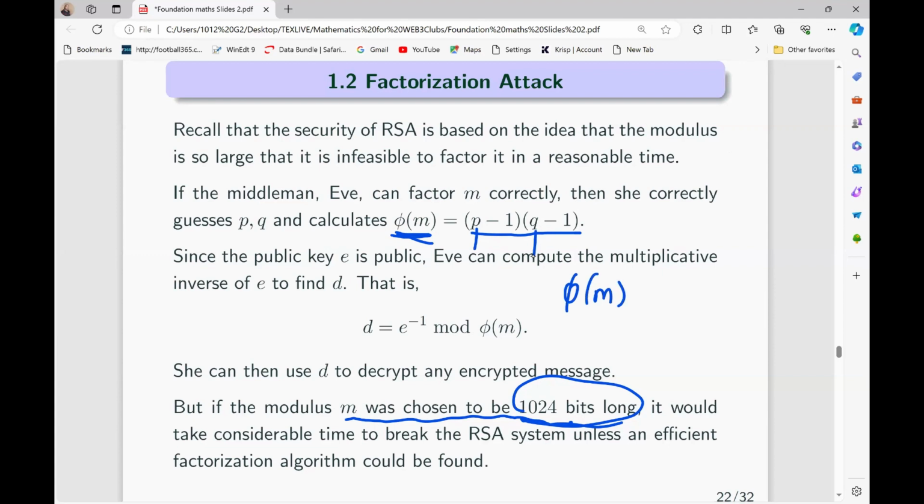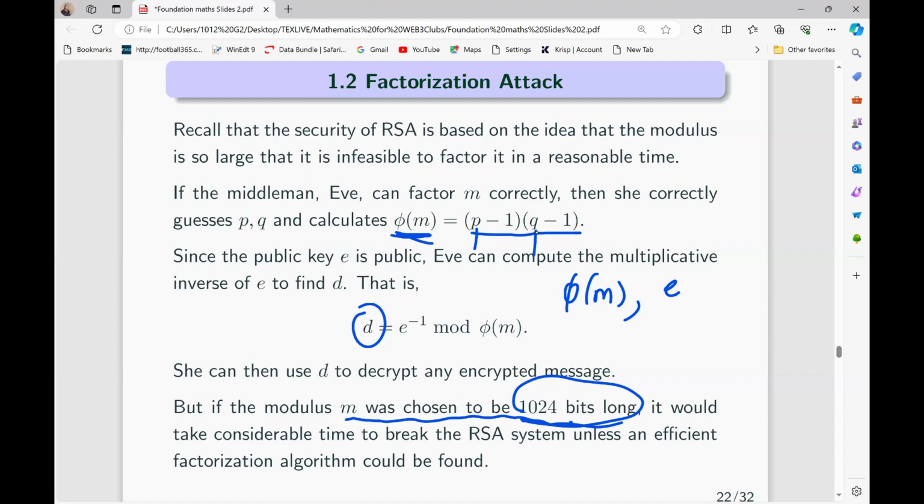If the intruder gets to know what phi of M is, since the intruder already has E, this intruder will be able to get D, and therefore he'll be able to decrypt our message.